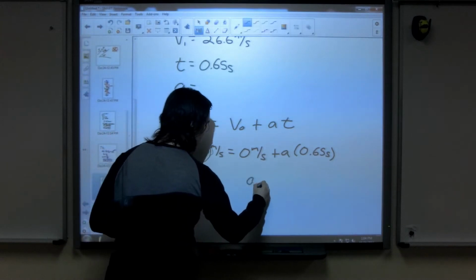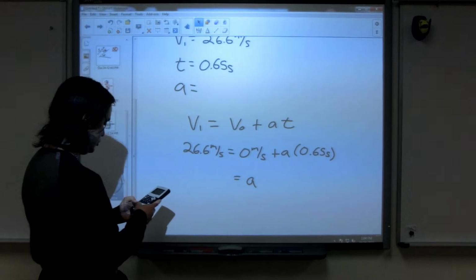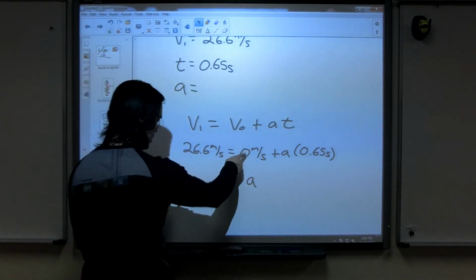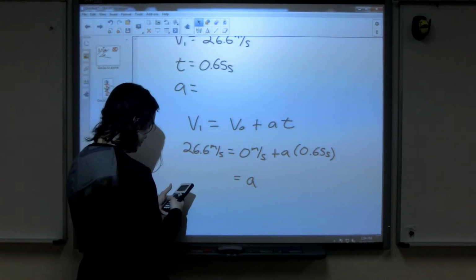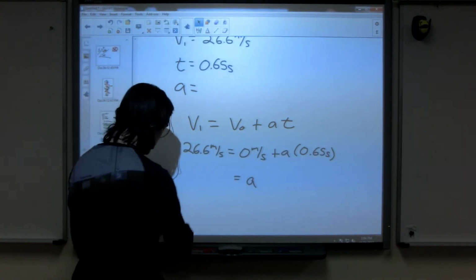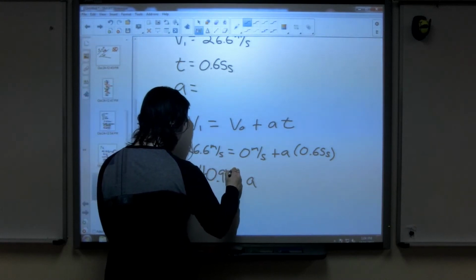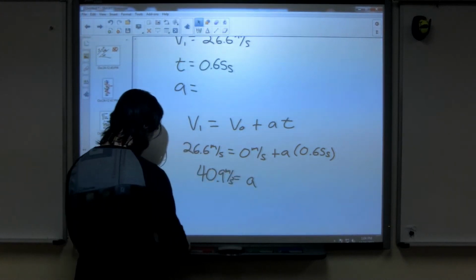We end up with the following. My acceleration is equal to 26.6, technically minus 0, but that's fine, divided by 0.65, which equals a whopping 40.9 meters per second squared.